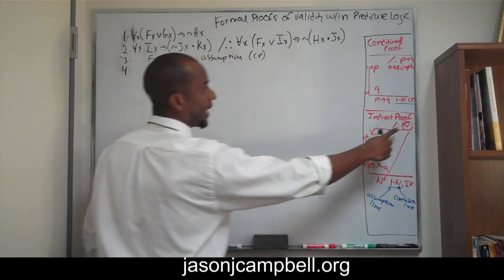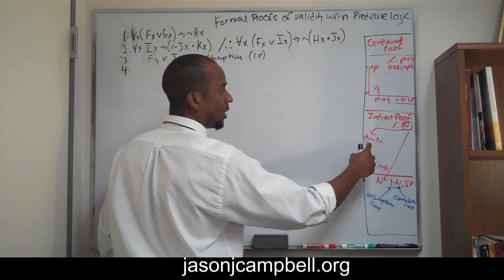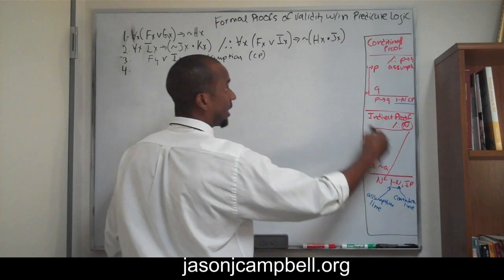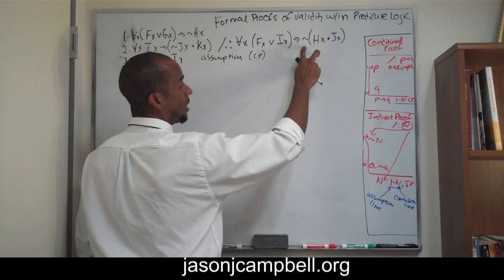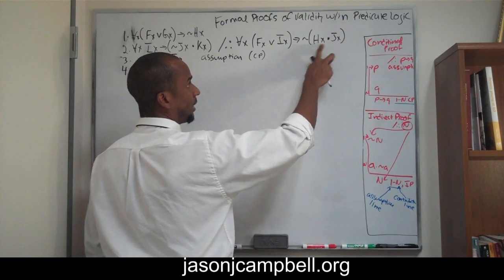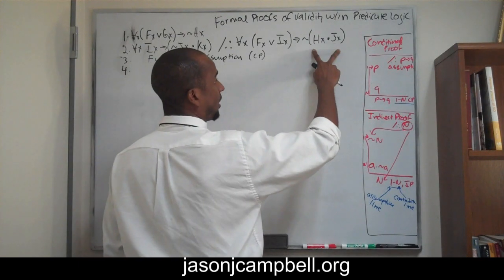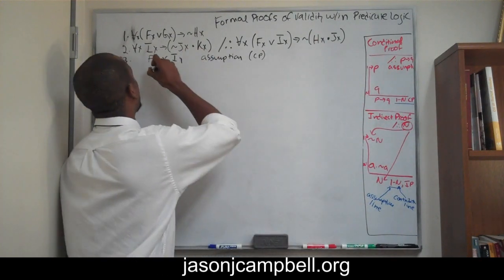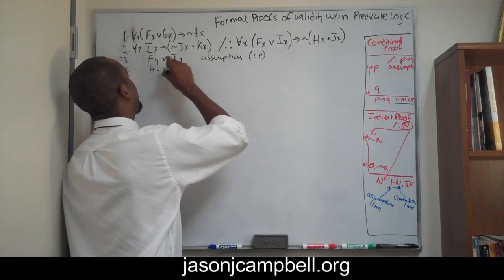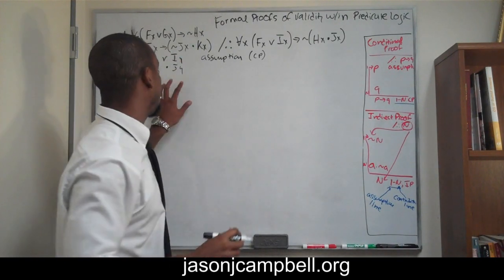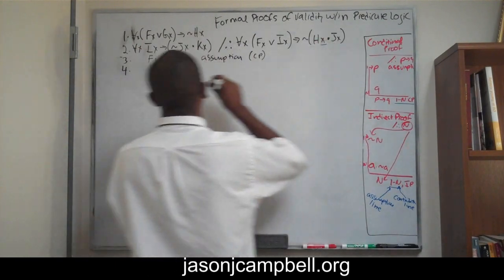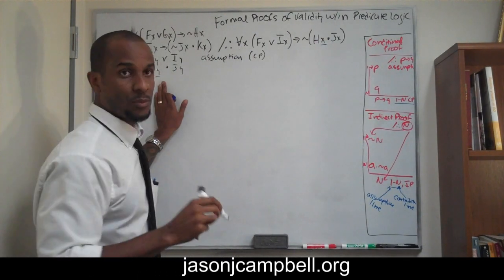So what did we say in our formula? We're going to assume the negated consequence. Here's the consequence: not x is an H and x is a J. The negated consequence of that is going to be Hy and Jy. Again, we've instantiated to y.